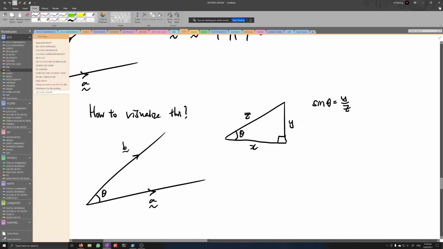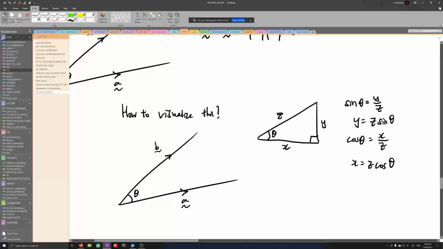Therefore, if let's say you don't know y, then y will be z sine theta. Then if you don't know x, then cosine theta is equal to x over z, adjacent over hypotenuse. So x equals z cos theta.